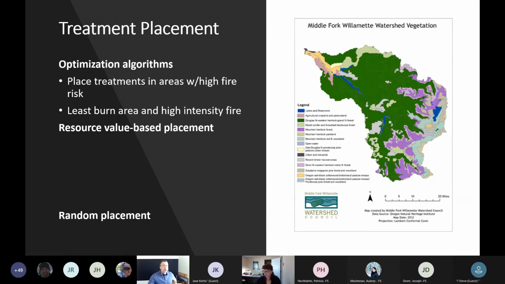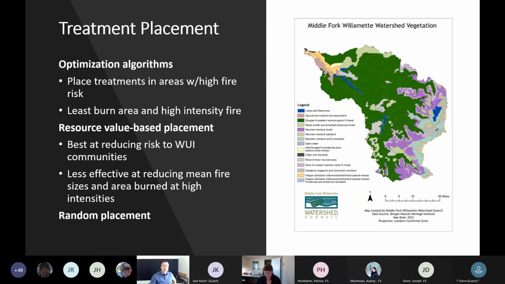In contrast, studies that look at placing fuel reduction treatments based on a desire to protect specific resources suggest that this approach is less effective at reducing landscape scale fire benefits. So it's less effective at reducing average fire sizes and the average amount of area burned at high fire line intensities.